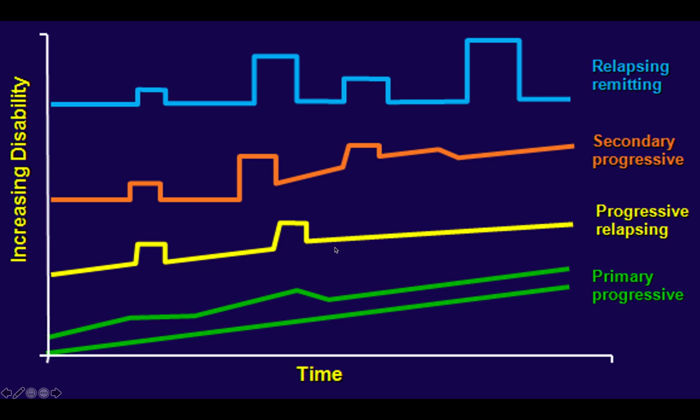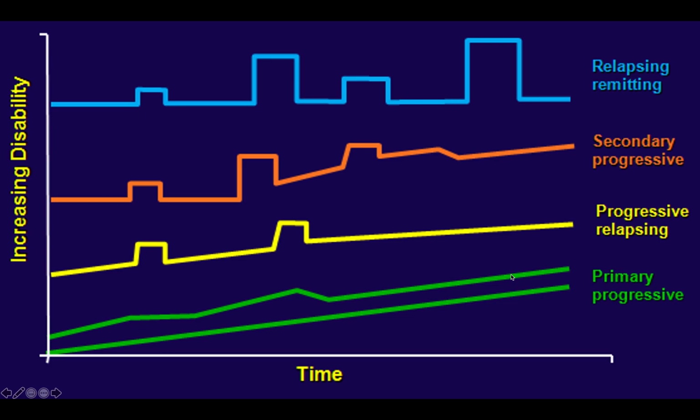So disability is increasing at the same time as attacks, relapse and then going away, but with increasing disability. The last one is primary progressive, where from the first attack of multiple sclerosis, there is no remission, no improvement, only steady progressive deterioration of the symptoms or disability.